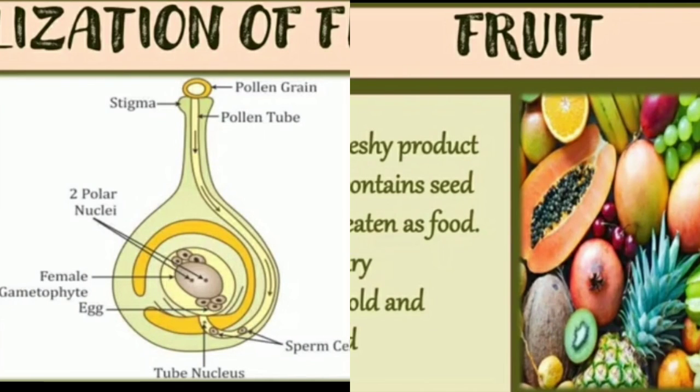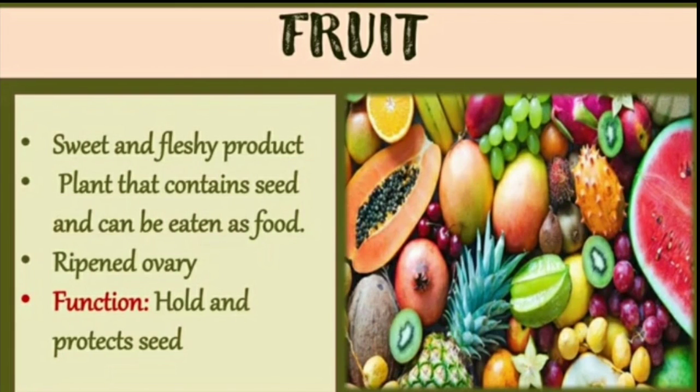Now let us study fruits. Children, we eat many different types of fruits, right? You must be having your favorite fruit also. Yes. Now each type of fruit has its own characteristics.